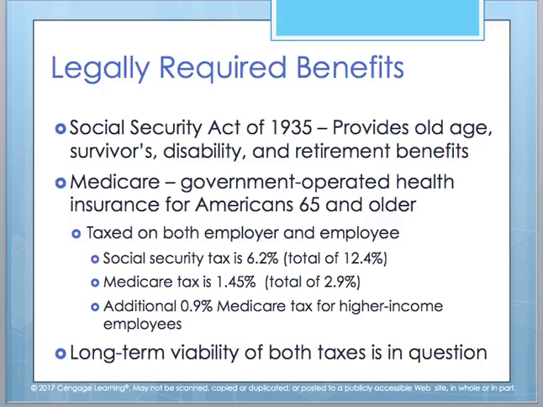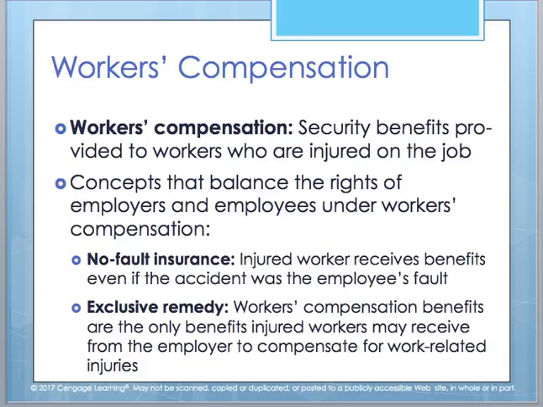This is why you have to pay close attention to what's happening in politics, because what happens politically impacts the corporations. It impacts small business. So the long-term viability of both of these taxes is in question.